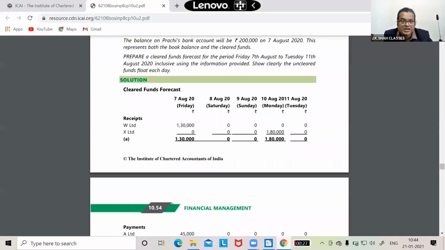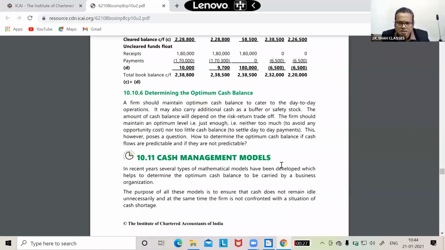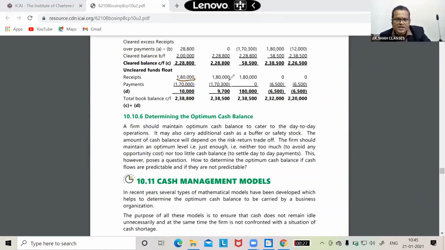So in my uncleared fund float, I'm writing this. See, 180 uncleared, 180 uncleared. This is 7th. This is 8th. This is 9th. 10th it is gone.